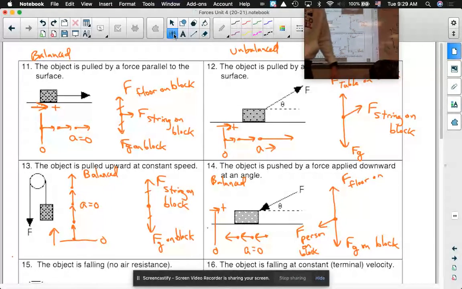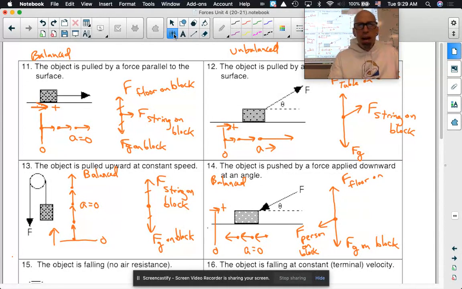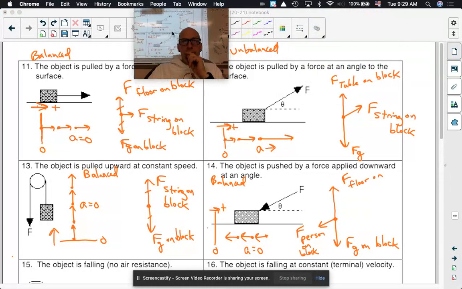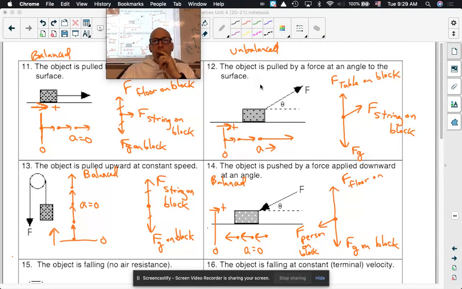Okay. So, if I'm saying that the first one, the object pulled by a force parallel to the surface, is balanced, is my force diagram correct? If I'm saying that this is unbalanced and I'm accelerating, is this force diagram correct?